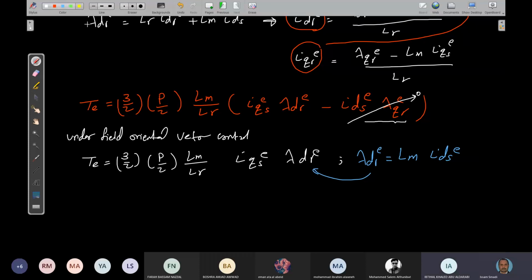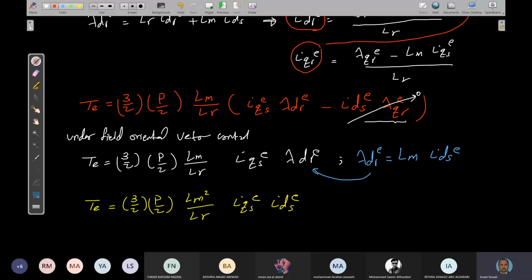We are getting a very, very interesting formula: 3 over 2 P over 2, now LM square over LR, and I will get IQSE IDSE.